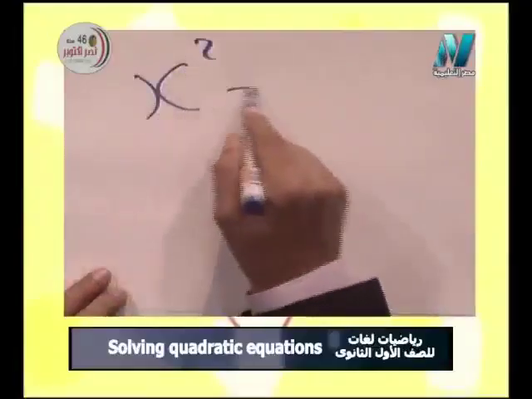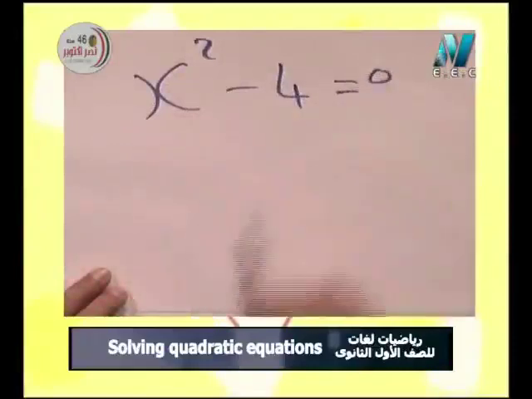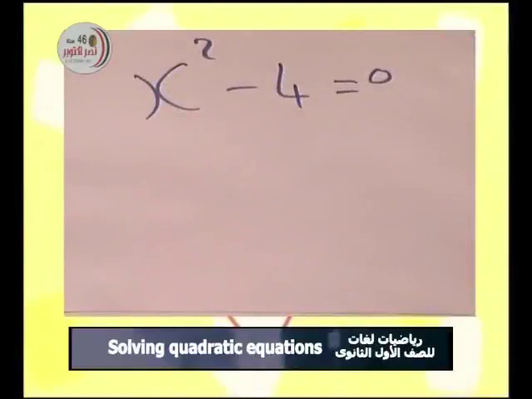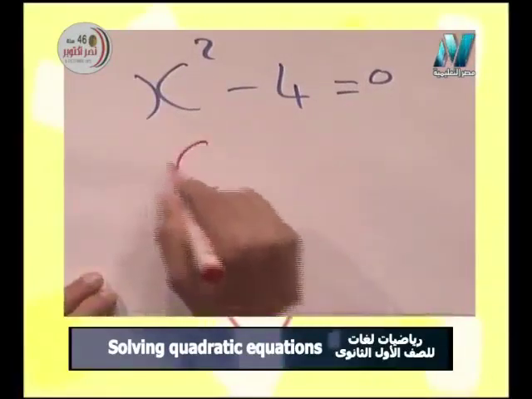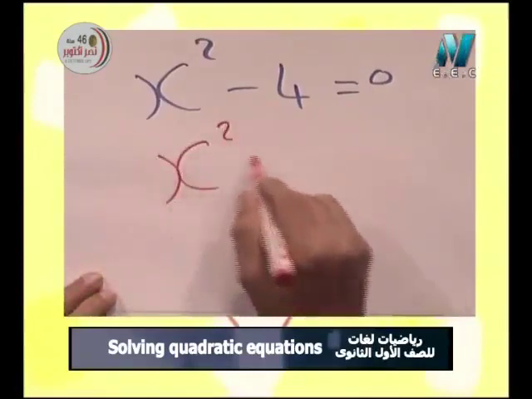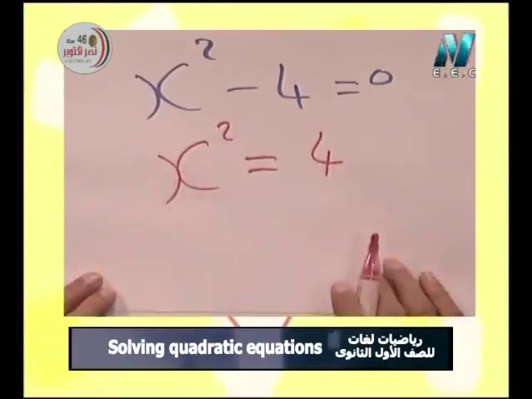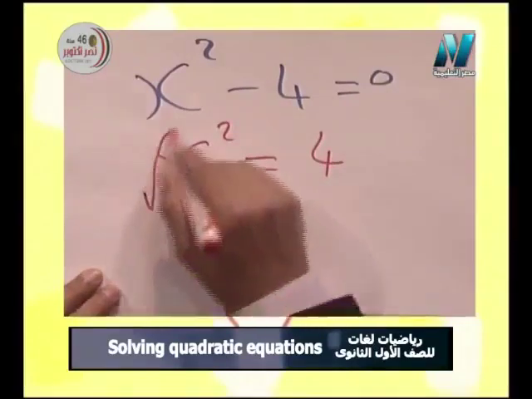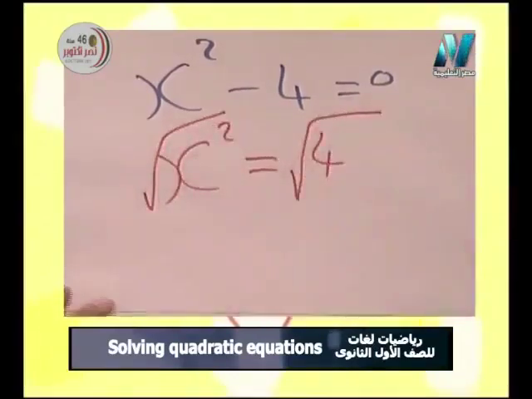We have another equation, which is x power 2 minus 4 equals 0. We can solve it by two methods. The first method, we can put x power 2 equals 4 like the last time and put a square root on the two sides.